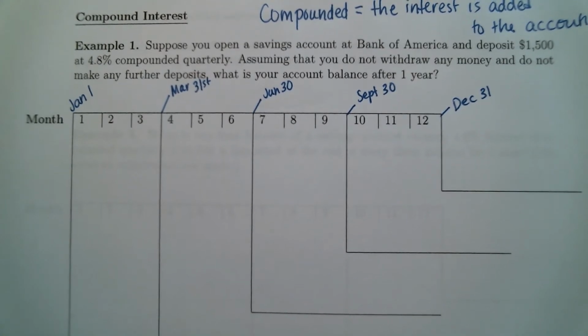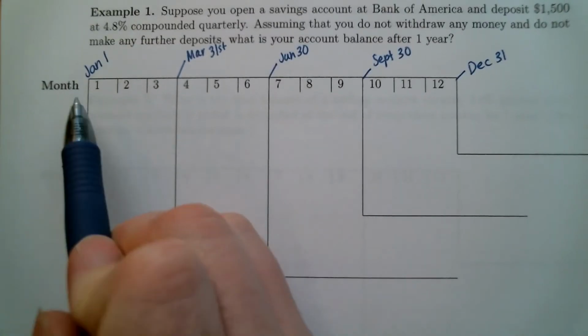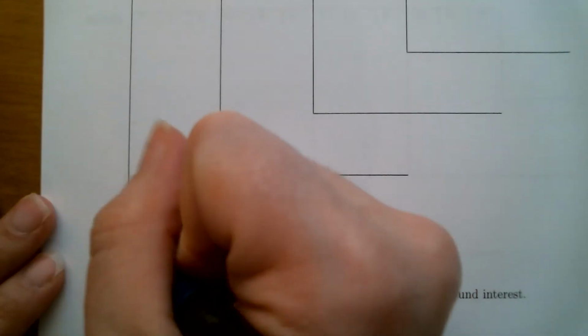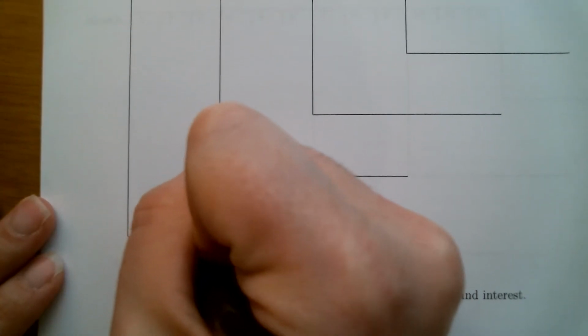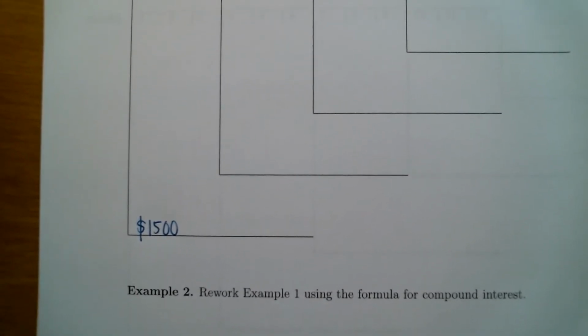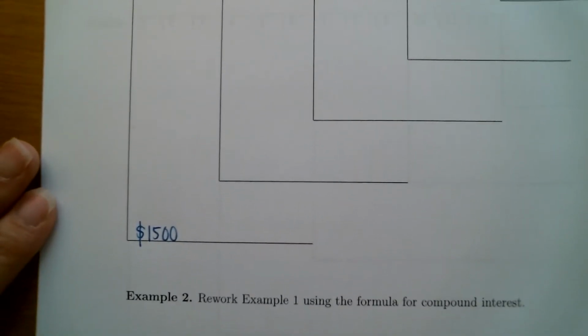All right. So January 1st, we're going to go ahead and put our money in. So you're going to put $1,500 in the bank. And then the interest is accrued at the end of every quarter. So all you do is put the money in. Then you have to wait for a quarter to pass.